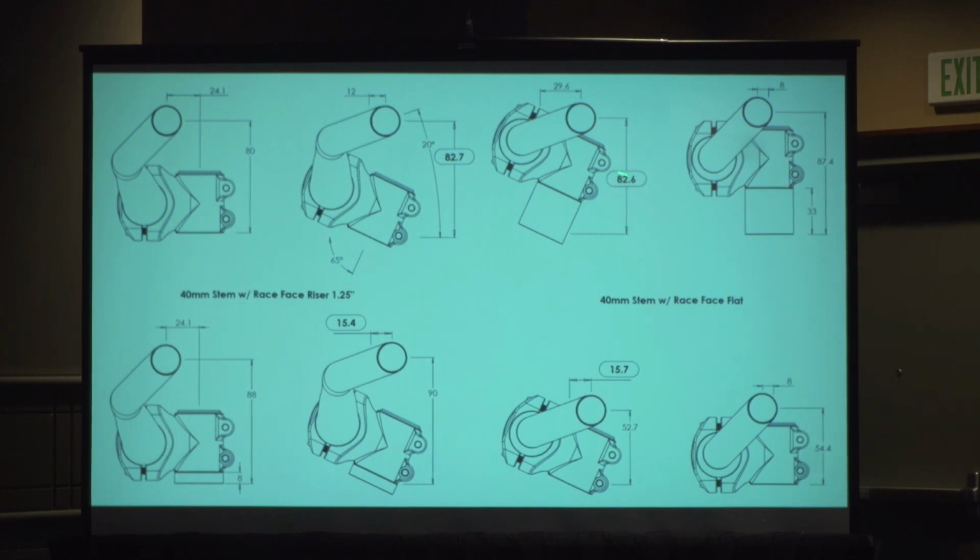I've highlighted these values here because for this stem and bar combination to match the exact same height, or close enough to it, we have to run a 33 millimeter spacer, and we'll do that. But this configuration here is 18 millimeters further back from the center of the head tube there, right?